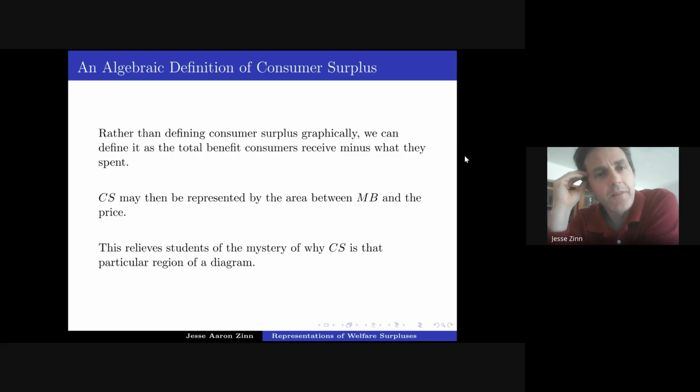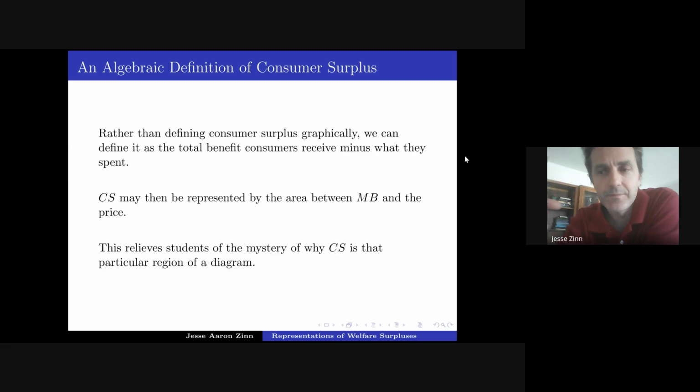So rather than defining consumer surplus graphically, we can define it as the total benefit consumers receive minus what they spend. That way, students can see that the consumer surplus typically portrayed in a textbook as the area below the demand curve and above the price is represented by that notion.